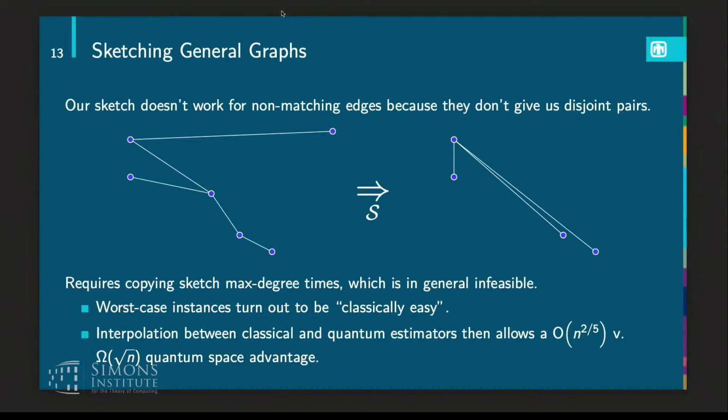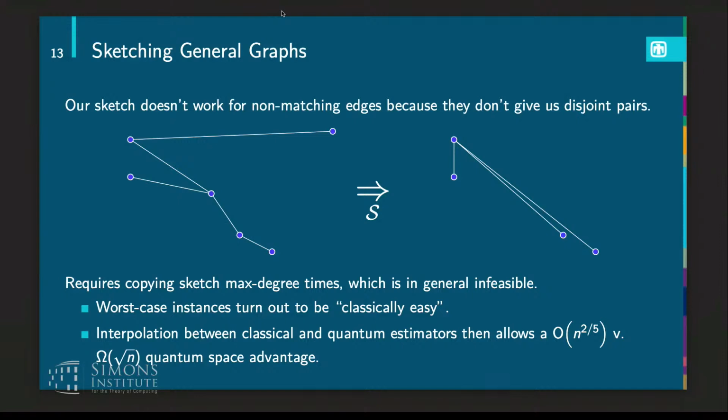This is unfortunately kind of lossy. So rather than an exponential advantage, you end up with an n to the 2/5 versus square root n quantum space advantage. So it's a provable advantage, but it is a fairly small polynomial.